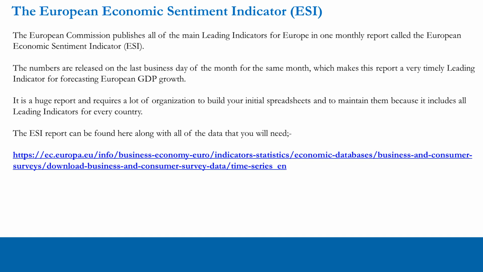And in Europe, it works differently. The European Commission publishes all of the leading indicators for Europe in one monthly report, and that is the European Economic Sentiment Indicator. The numbers are released on the last business day of the month for the same month, which basically makes the report a very timely leading indicator for forecasting European GDP growth.